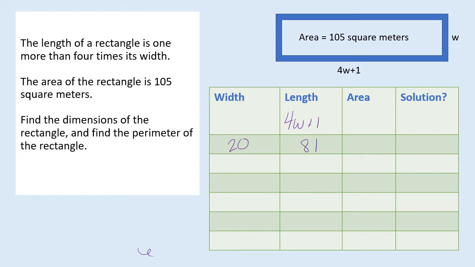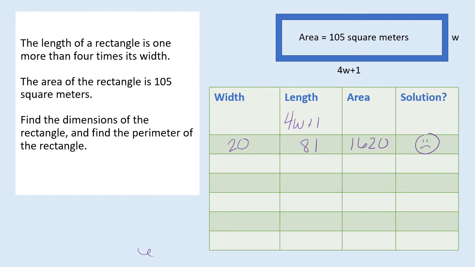And then when I do 20 times 81 to get my area, I get an area of 1,620, and that would be in square meters, but I'm going to leave the units off for right now. We're looking for an area of 105. My area is way too big, so that is not a solution in this case.